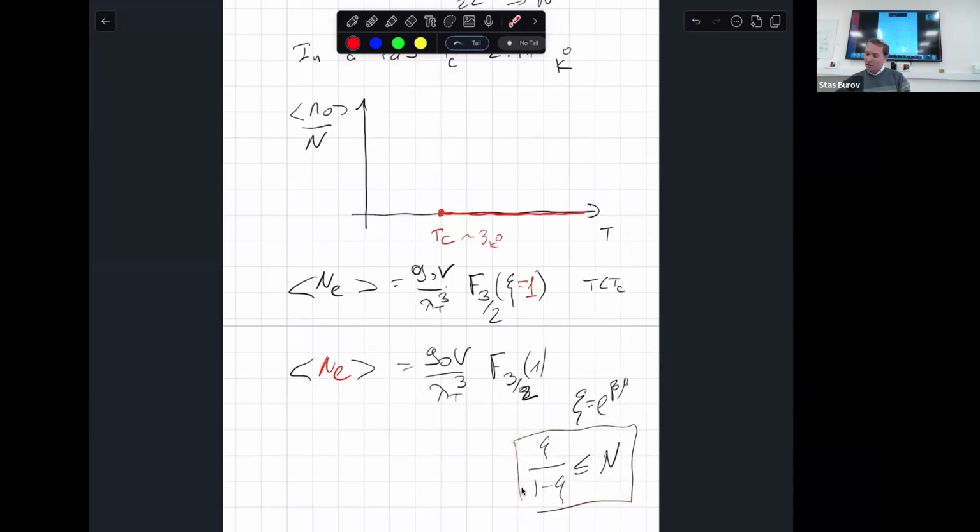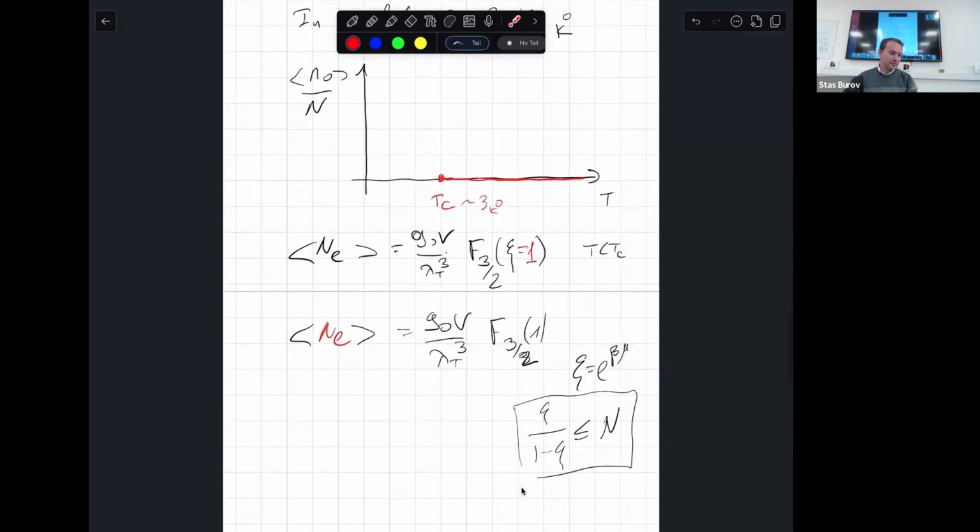Okay, but F of 3 halves of fugacity approaches a specific number, which is 2.612, which I will just write down as F3 halves of 1. Okay, so here it's a big number. Here it's a finite number, which is close to 2.612. It's maybe not exactly 2.612, but it's extremely close to it. Okay. Okay, so this is N excited.